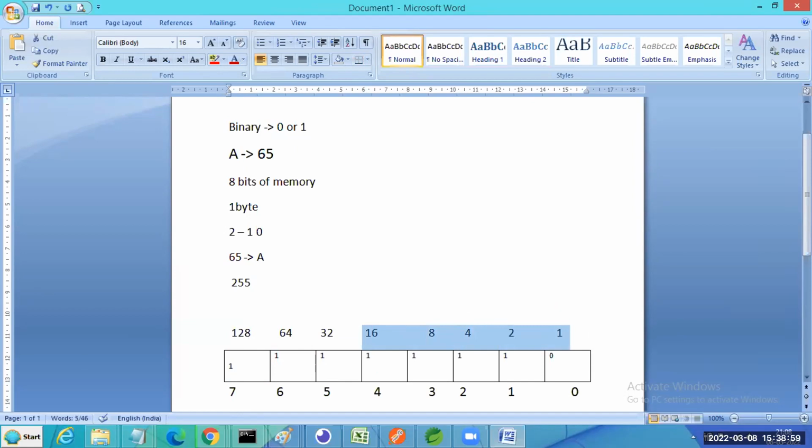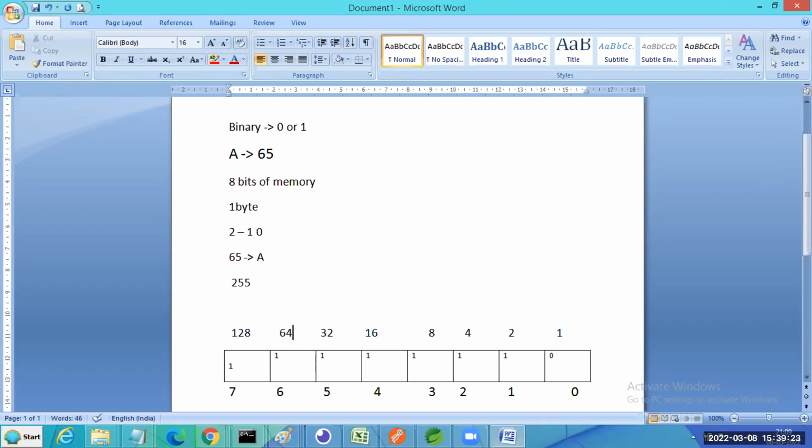All these four numbers plus 1 is how much? 16. All these numbers, 16, 8, 4, 2, 1 plus 1 is 32, right? 32 minus 1 is how much? 31. Is it the sum of all of this? Yes, sir. 64 minus 1 is 63. Is it the sum of all of this?